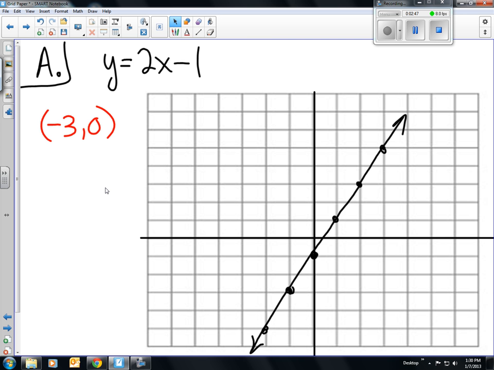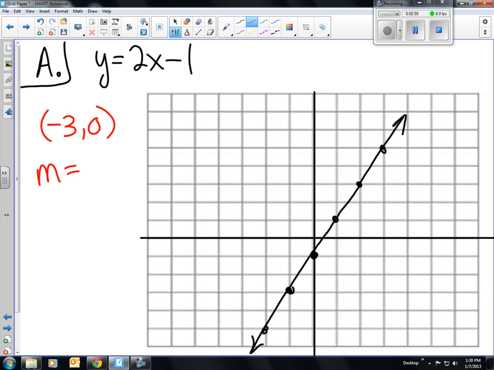The original line, y equals 2x minus 1, is the black line on the graph. The new line is going to be parallel to that, so it has a slope of 2, which is the slope of this line, and it's going to pass through the point negative 3, 0. So the point negative 3, 0 is here. I'm going to use the slope of 2 to find other points on that line. I go up 2, right 1, up 2, right 1, up 2, right 1.